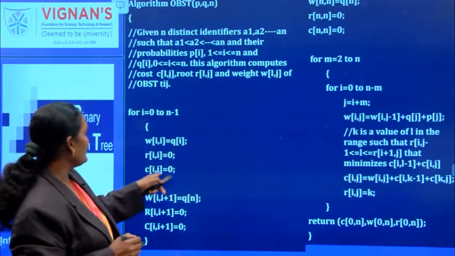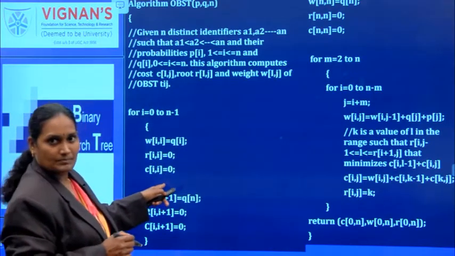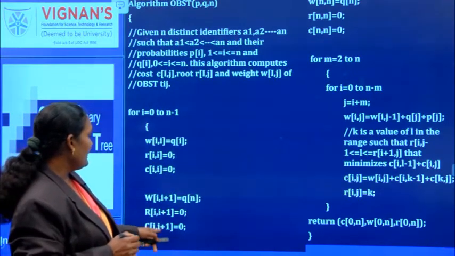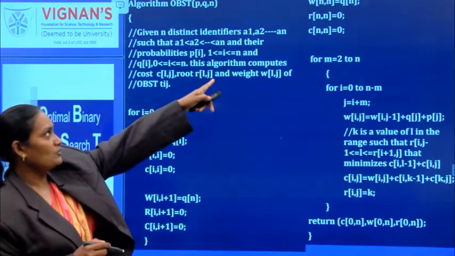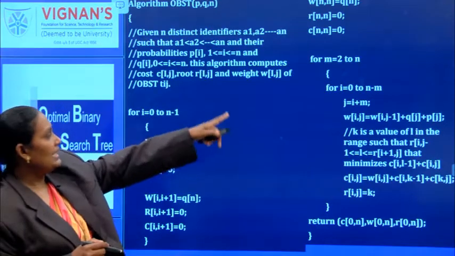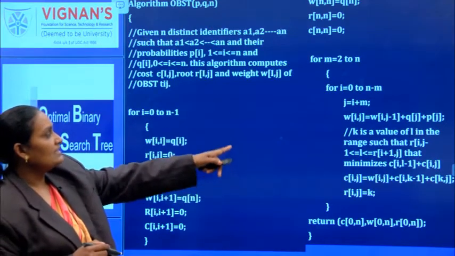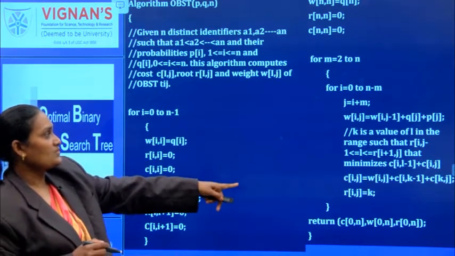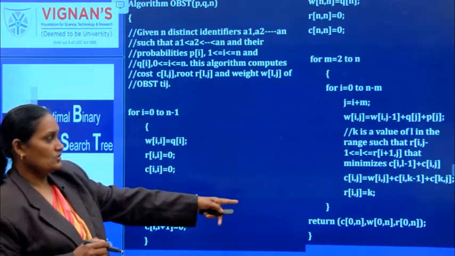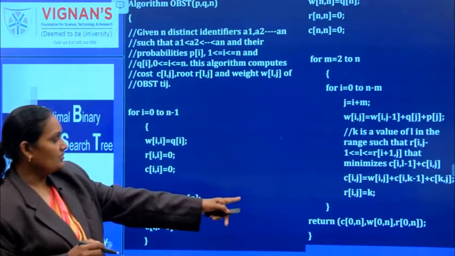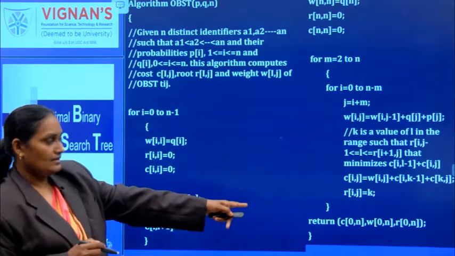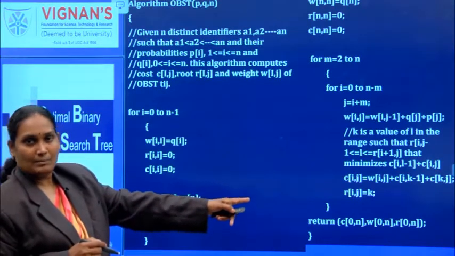Also I will find the weight, root, and cost values for the last node, and from there onwards we find the root value, weight value, and cost value for the remaining nodes, and finally we return the weight, cost, and root of the optimal binary search tree.